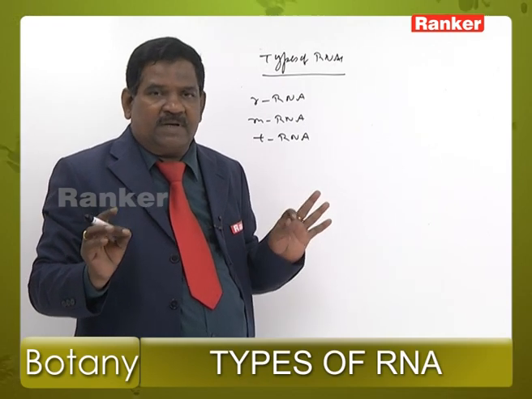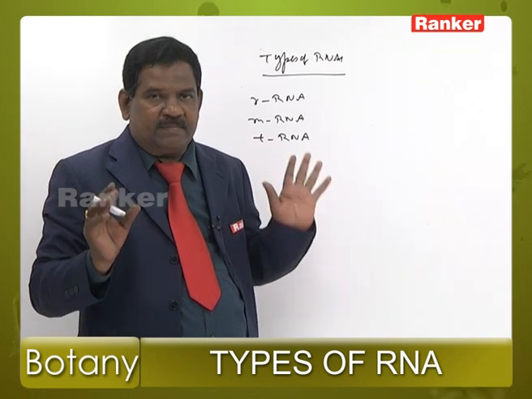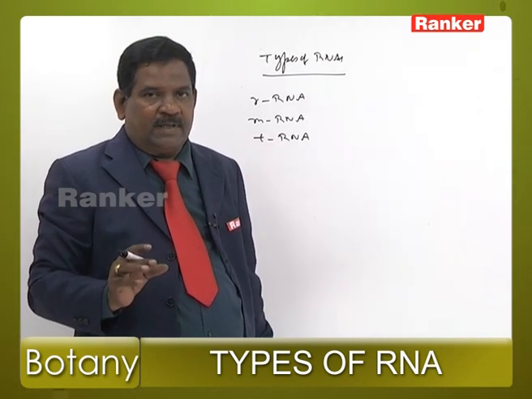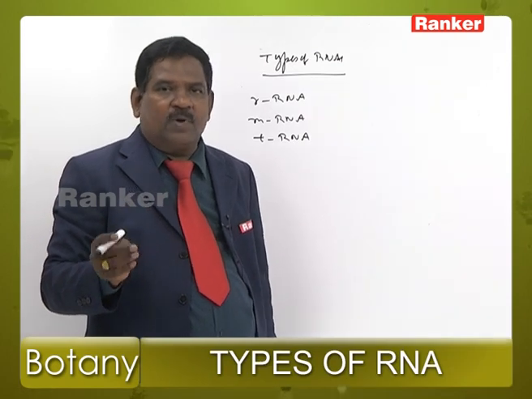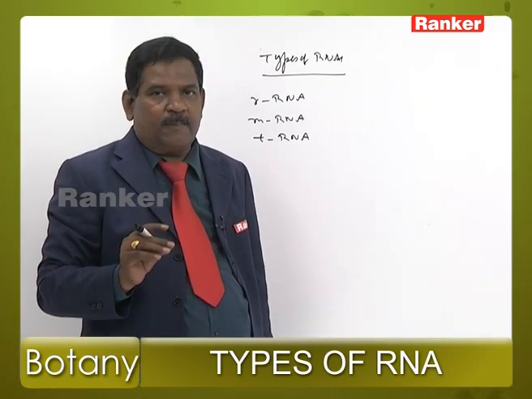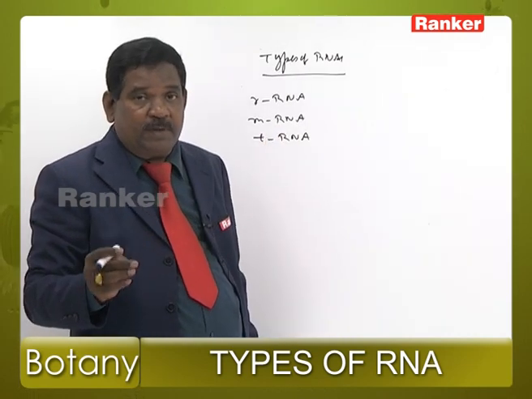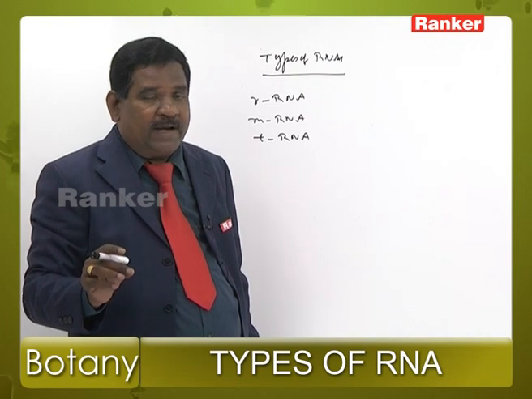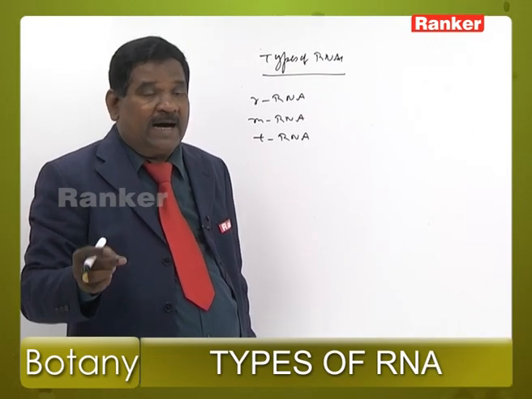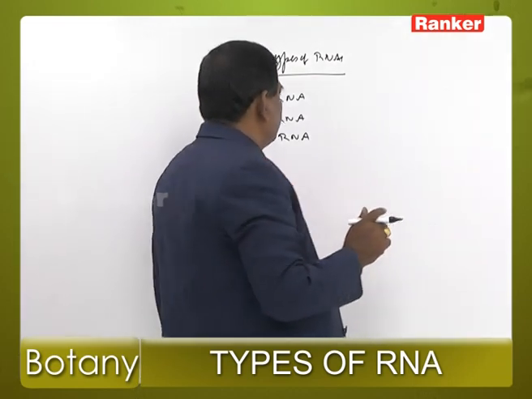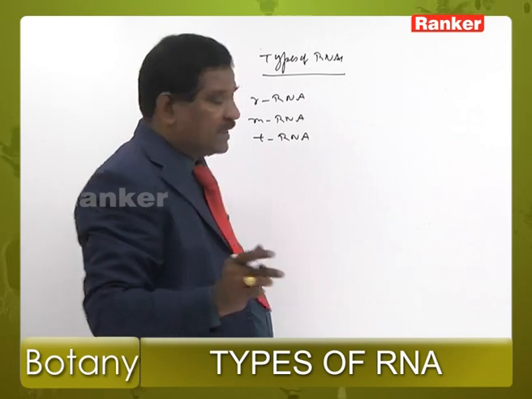All these three types of RNA are formed from the DNA by this method, transcription, and they perform different functions. Here, the two types of organisms: prokaryotes and eukaryotes. All three types of RNA are produced by polymerase. What is that polymerase? DNA dependent RNA polymerase, the enzyme involved in the formation of all types of RNAs.